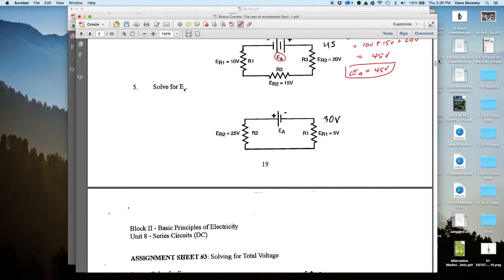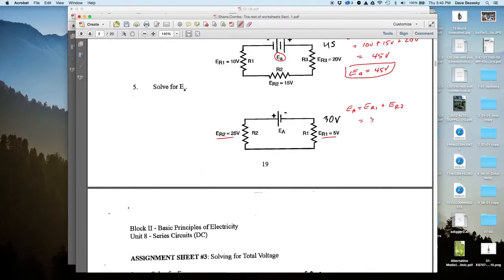Okay, and finally here we are at number 5. Solve for EA. It's the same idea here. The applied voltage EA is equal to the sum of the voltages, which is ER1 plus ER2.